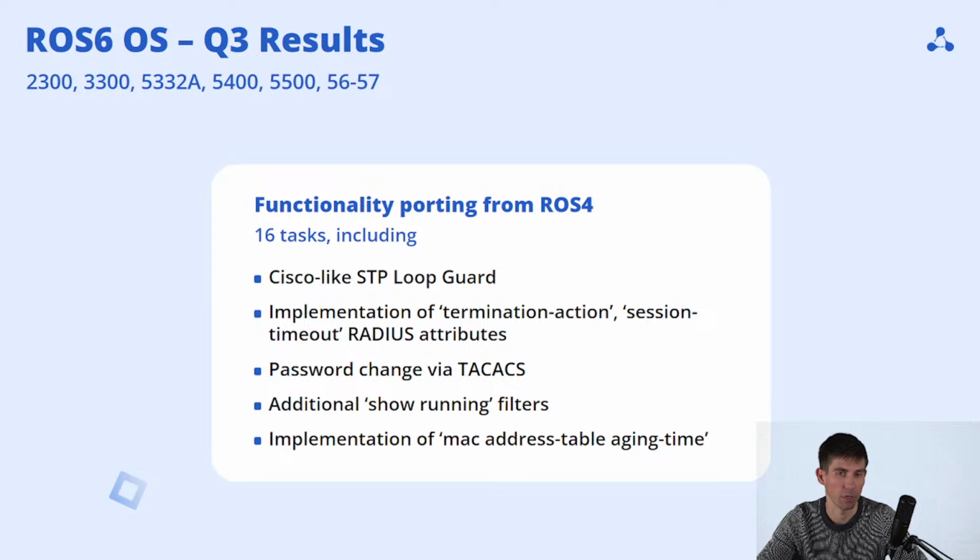Main features would be Cisco-like STP loop guard for preventing the creation of traffic loops for the STP protocol, and there are also some changes related to RADIUS and TACACS servers, and these are for AAA, for authorization, authentication, and accounting, and partially related to the use of our management system, NICE, which I am going to talk about in a few slides.